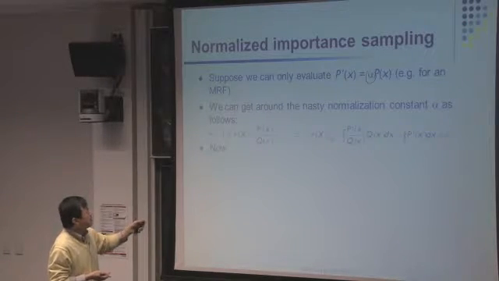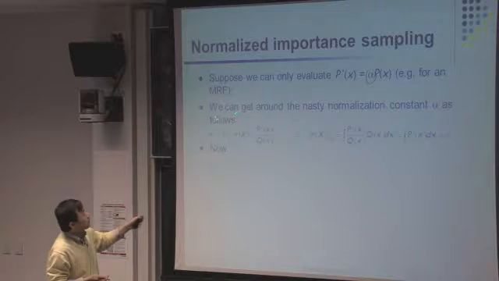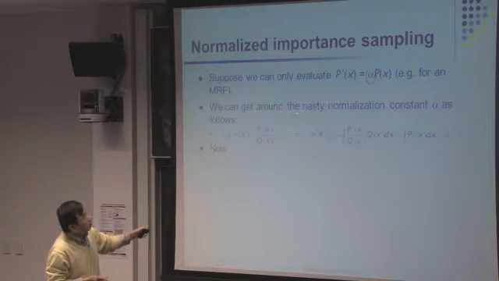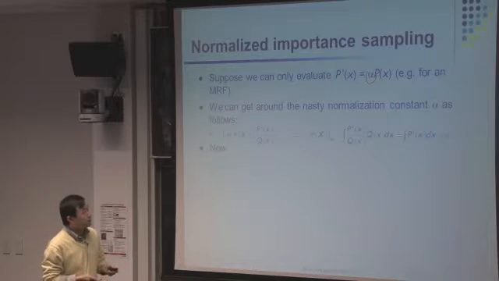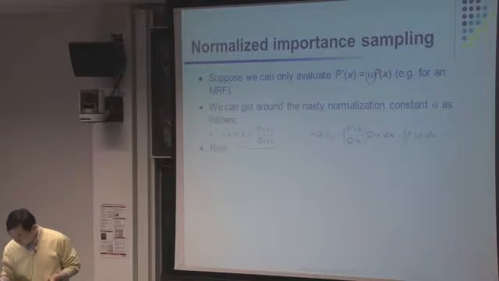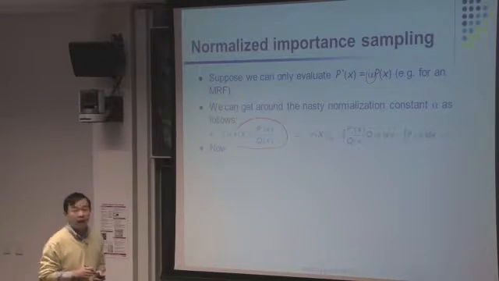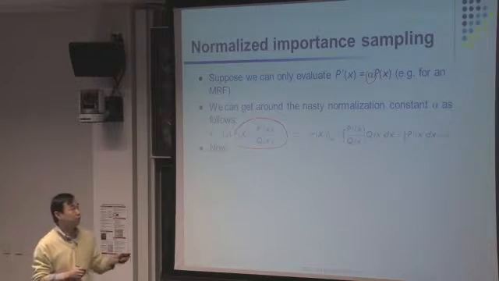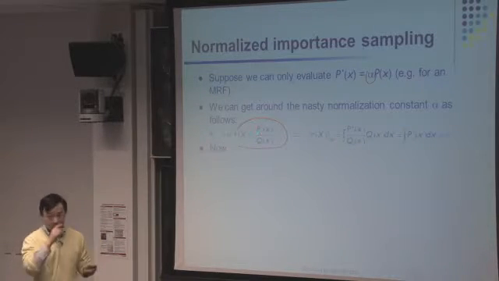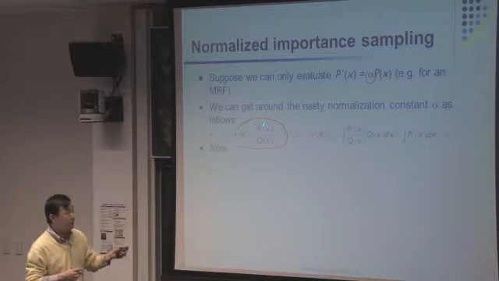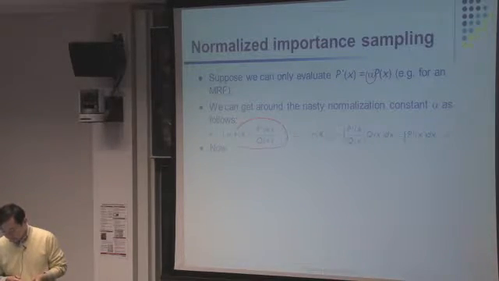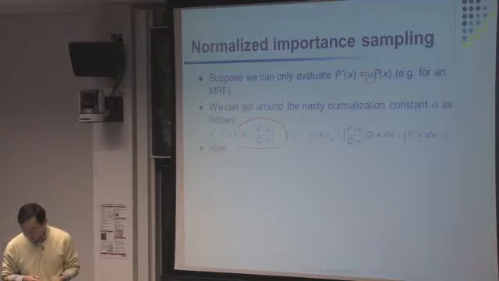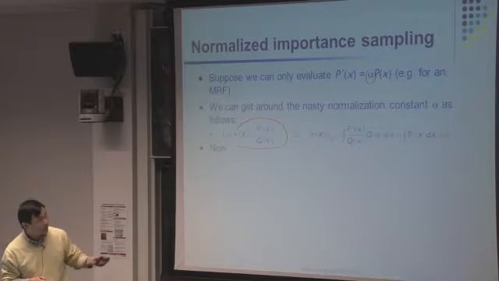So let's go through the following. We can actually get around this normalizing constant using the following idea. We define the ratio R, which is the ratio between the pre-normalized P, called P prime, and the proposal distribution. And we can study this quantity a little bit more.